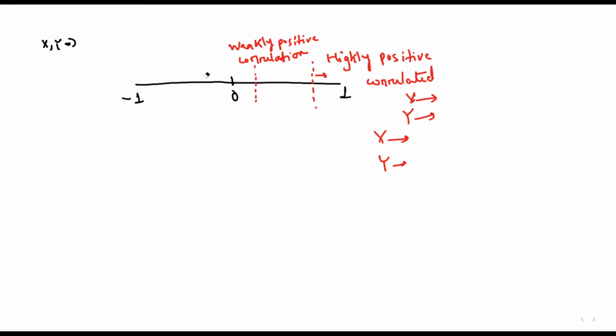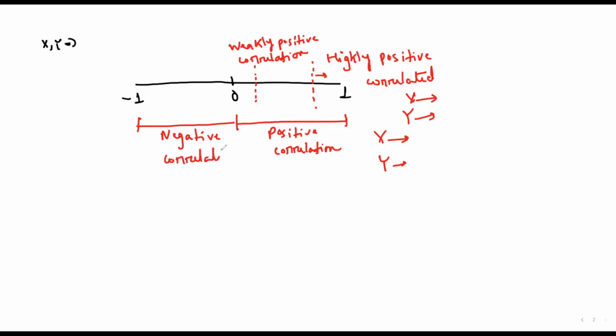Now for the negative: this is positive correlation, and this is negative correlation. This can be incremental, and this can be decremental.